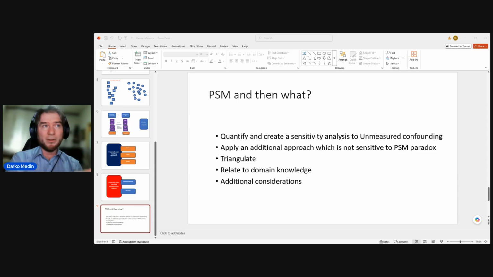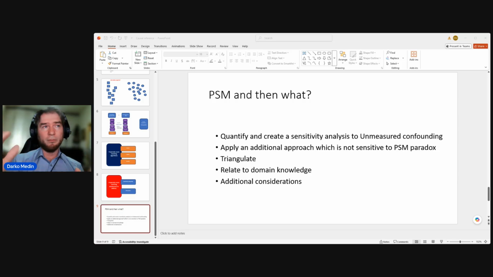If you do propensity score matching, you need to be ready to know exactly what you need to do next. You'll get some inputs from the propensity score matching analysis, but regardless of your results, it's very good to do some sensitivity analysis. As you mentioned before, there is sometimes the problem of unnatural variance.